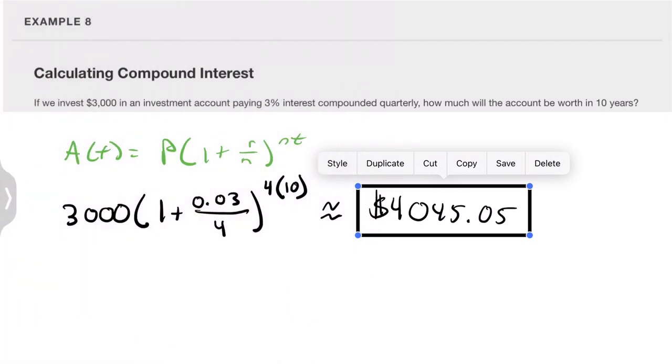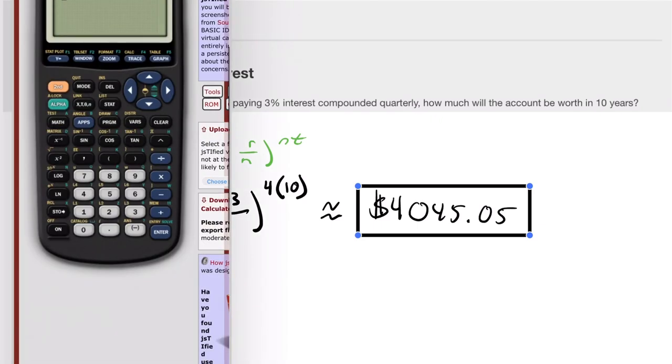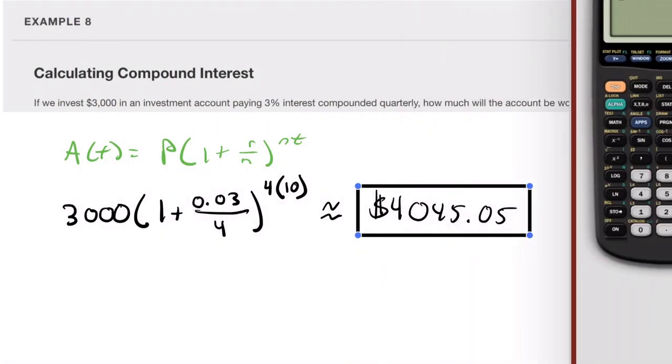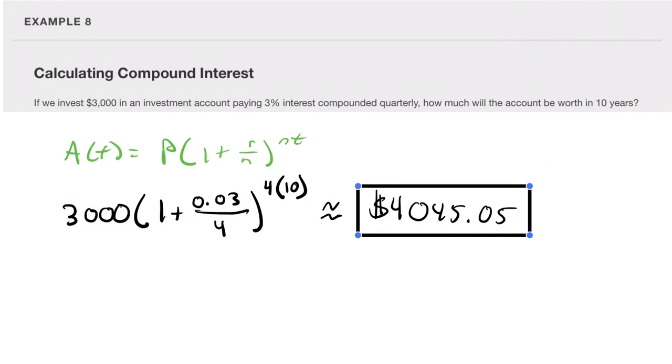And again, this is the, can I move that? Oh, it's totally in my way. Let me just move it over here.